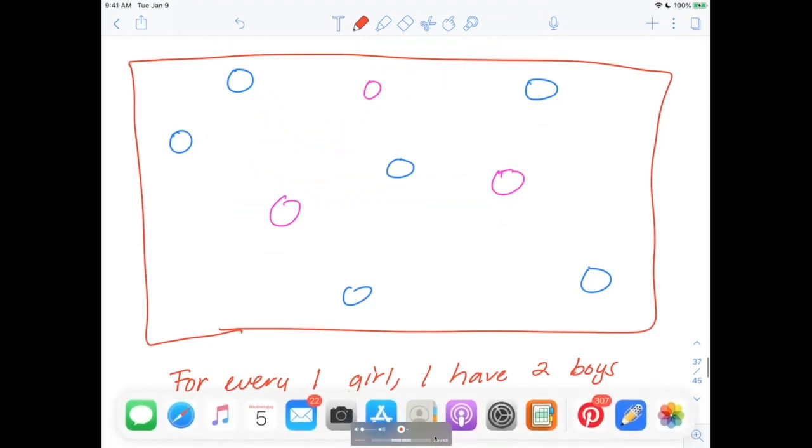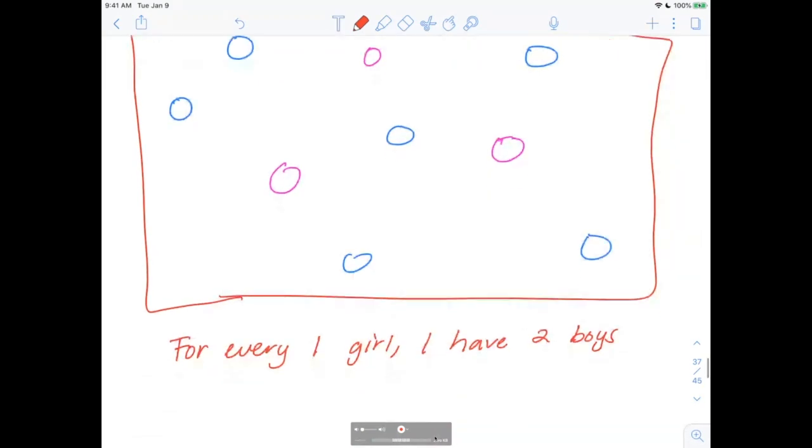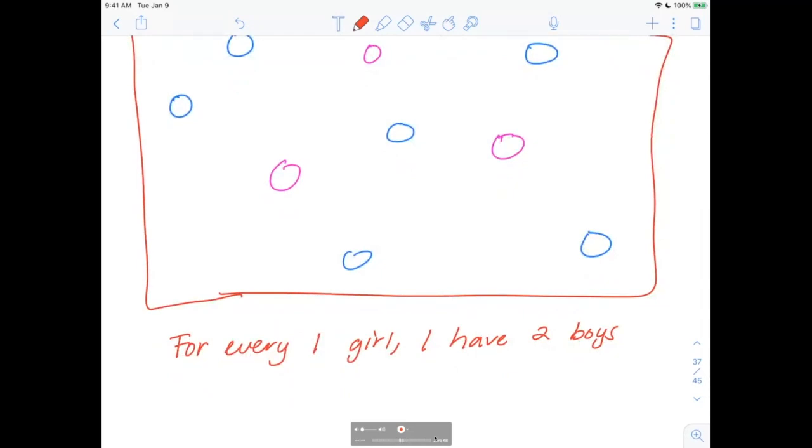Okay? So when you're relating one to the other, what you're describing here is the empirical formula. One number of elements as it relates to the other in the same environment. In this case, our environment will be my classroom. For every one girl, I have 2 boys, right? How did I know that? Count the number of girls. I have 3 girls. And how many boys?